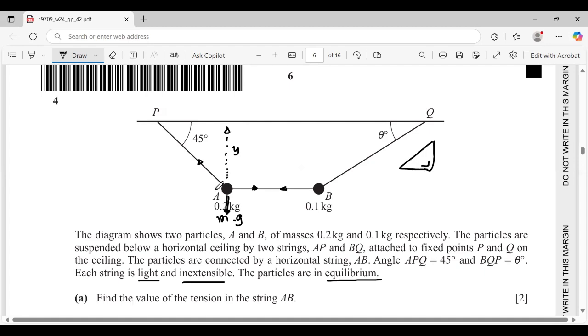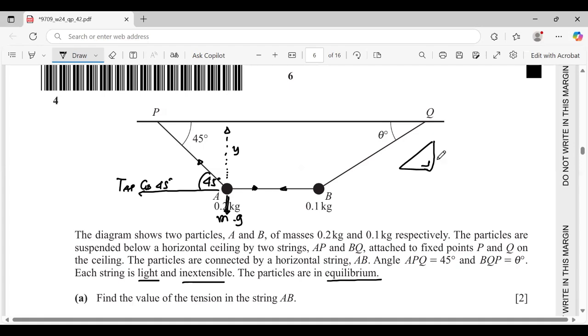To the left, this is the tension AP cosine 45 degrees. This angle as well is 45 degrees.